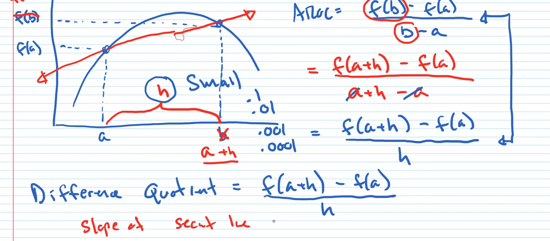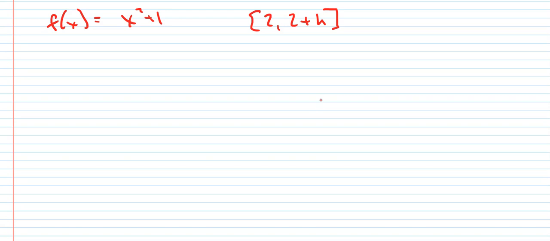All right, so let's do an example that kind of puts all of this together. Let's say that we have the function f of x equals x squared plus 1, and we have the interval 2, 2 plus some small increment h. And we want to let h be equal to 0.01.